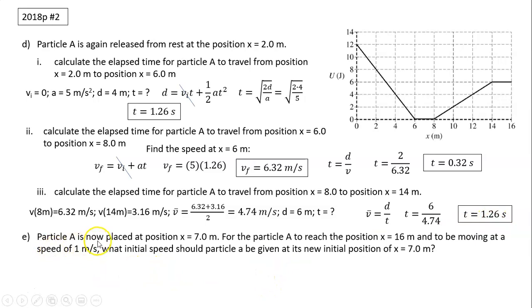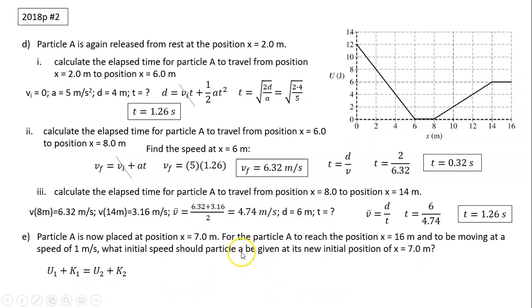Next one. Particle A is now placed at position x equals 7 meters. For particle A to reach position x equals 6.0 meters and to be moving at 1 meter per second, what is the initial speed the particle must be given at this position? We can use energy conservation. U1 plus K1 equals U2 plus K2.